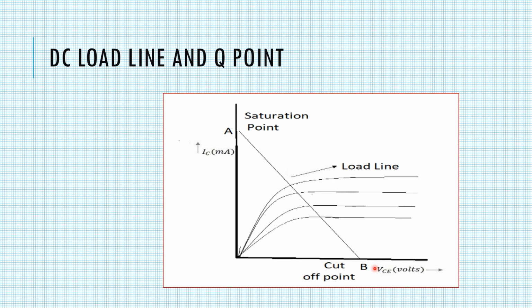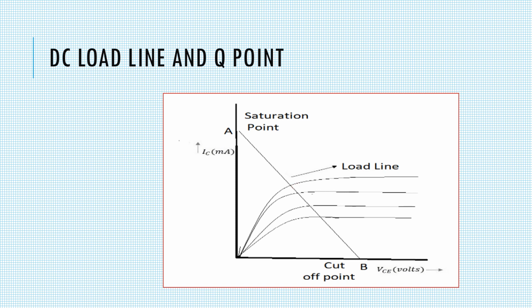The load line is the line of the DC equivalent circuit defined by reducing the reactive components to zero, and it is used to determine the correct DC operating point, and this point is called the Q point.